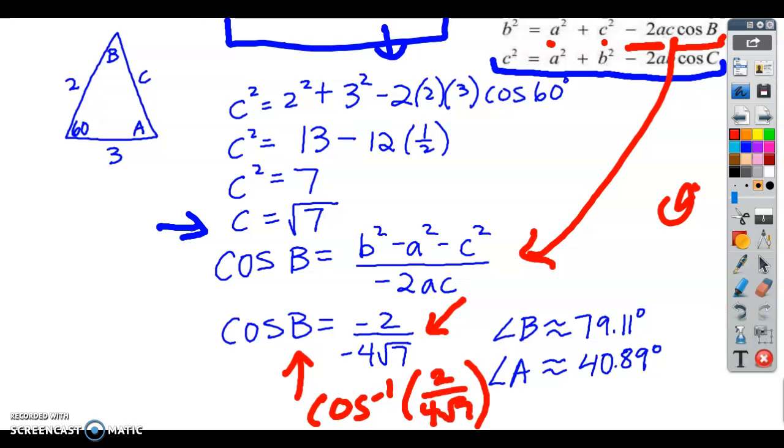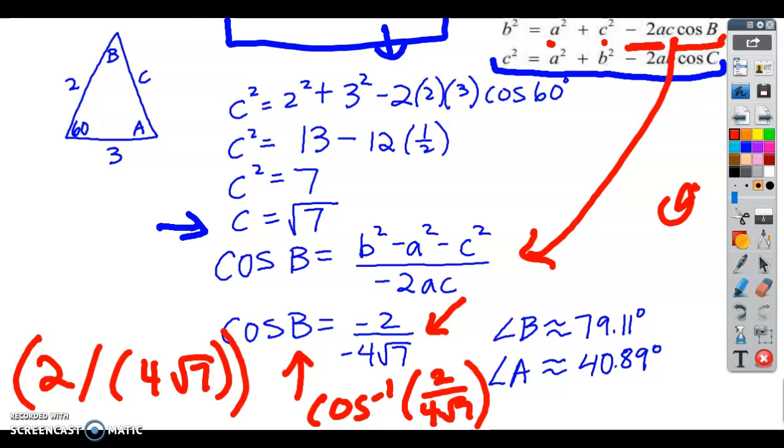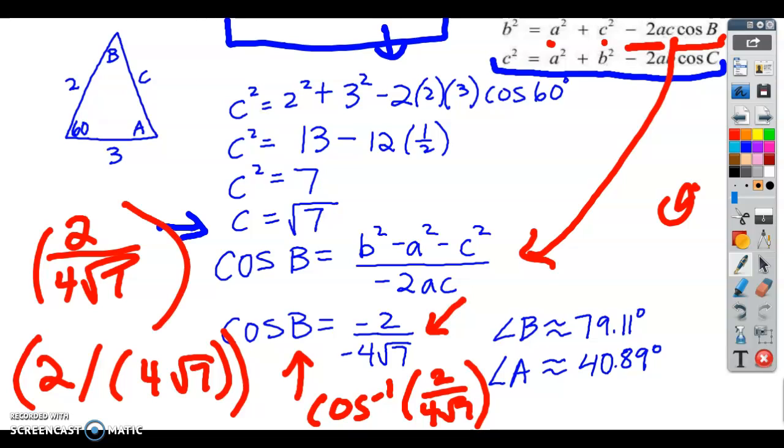Be careful anytime you put multiple things in the denominator. If you're typing in a calculator sideways and not vertically, that's 2 divided by parentheses 4 root 7, close parentheses. Be careful about that. If you're using the numerator over denominator button on the TI-84, then it will give you the fraction so you can put both of those values under the vinculum, which is the fraction bar.